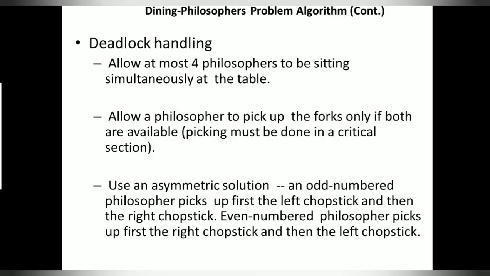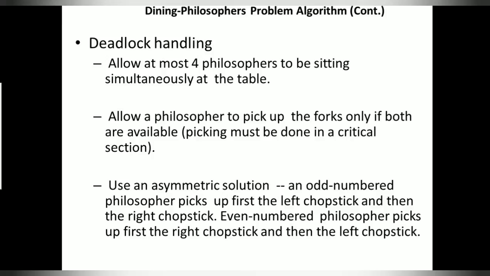One solution tells that, rather than having 5 philosophers, we could allow only 4 philosophers to be sitting at the table with 5 chopsticks. So in this case, what happens? If all 4 philosophers are simultaneously hungry, and all of them pick up one chopstick, even then there would be one philosopher who can get 2 chopsticks.